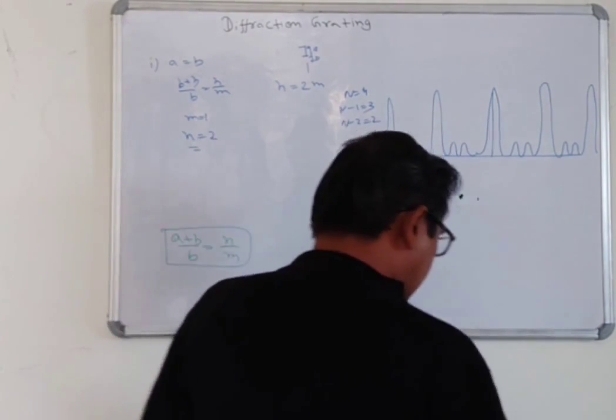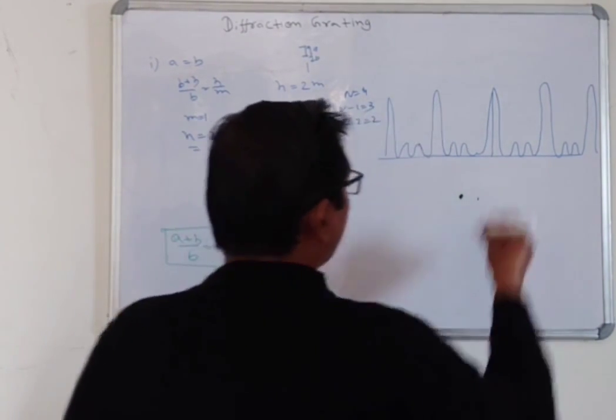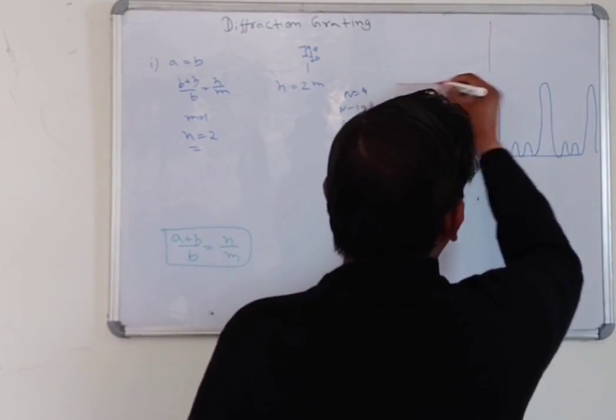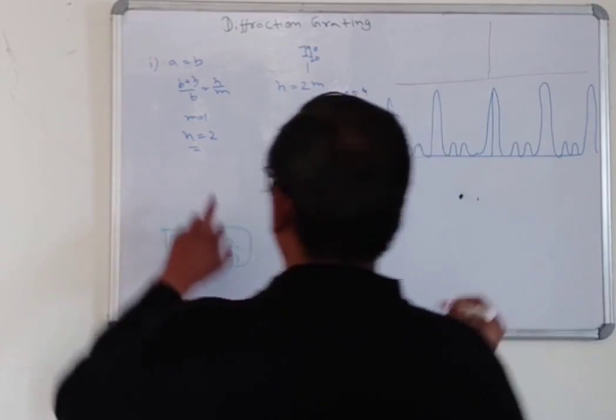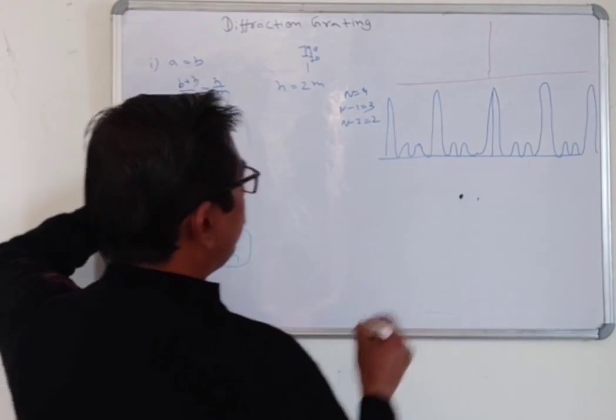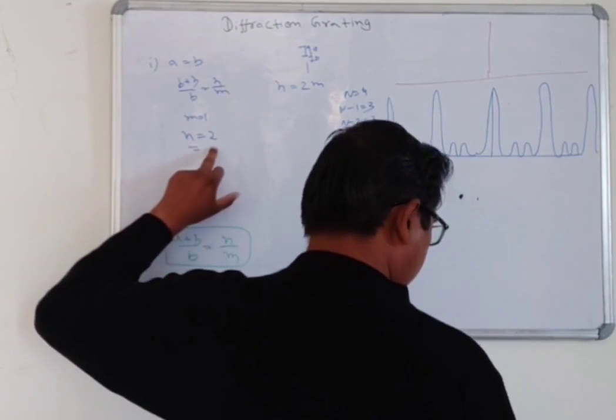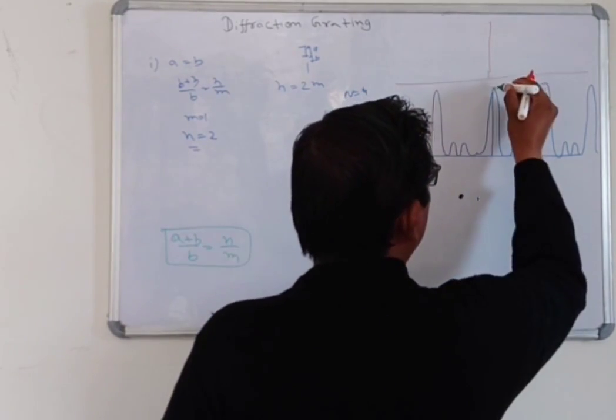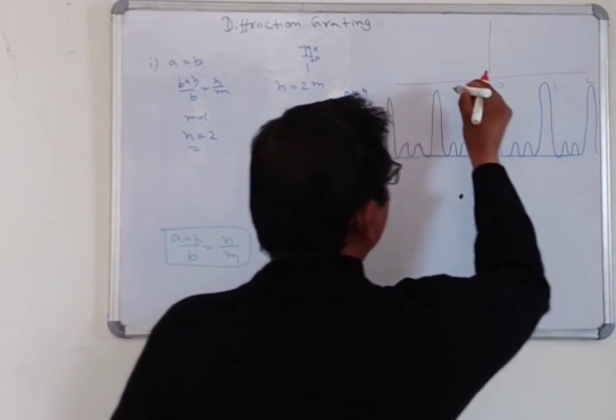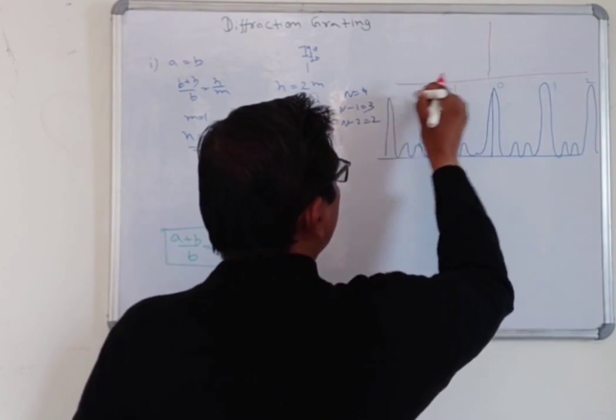The diffraction pattern is like that. Here m is equal to 1 and n is equal to 2, so the principal maxima lies here, at orders 0, 1, 2, minus 1, minus 2.